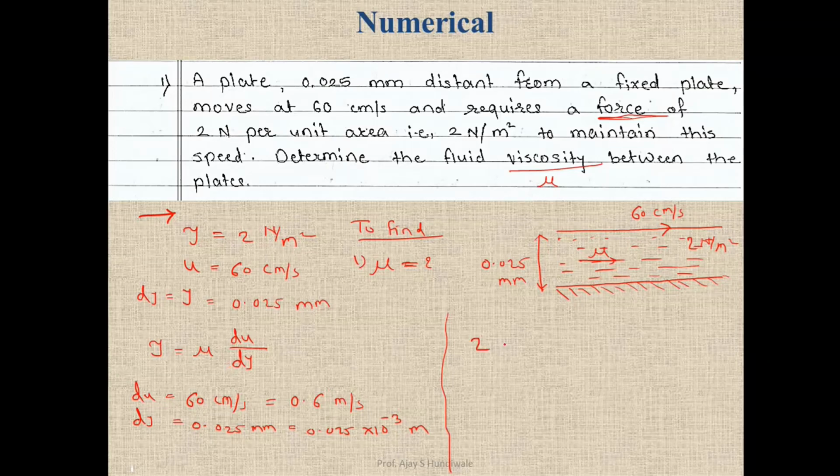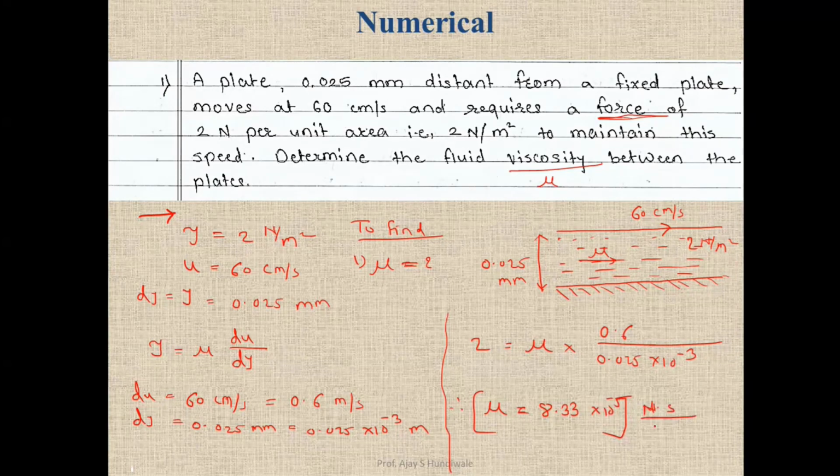So what is the value of mu coming out to be? So 2 as it is, mu which we have to find out, du is 0.6, dy is 0.025 into 10 raised to minus 3. Solve this and tell me what value of mu is coming. My value is 8.33 into 10 raised to minus 5 Newton second per meter square.